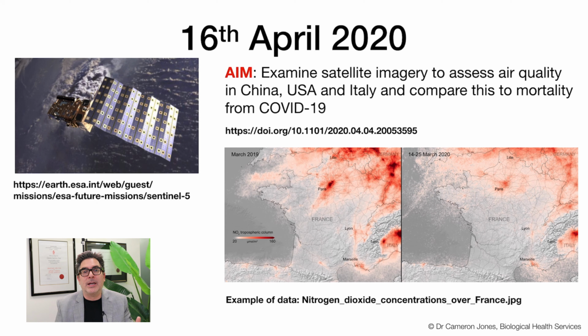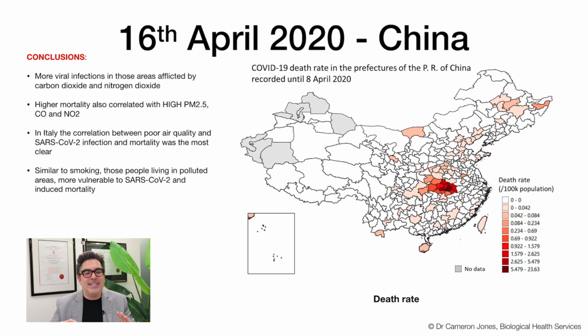You can see that as the lockdown in France progresses over two separate time periods, there is a significant reduction in the amount of red or orange areas in France. This type of information is what they used in the April 16th paper. They mapped the death rate in China back to the PM2.5 and 10, back to the nitrogen dioxide levels.